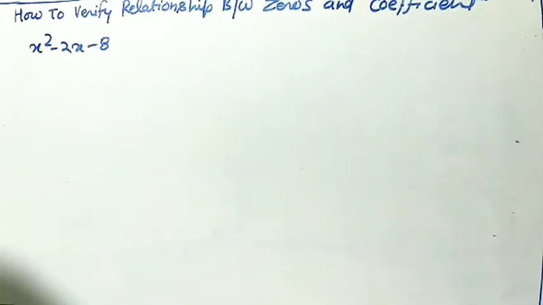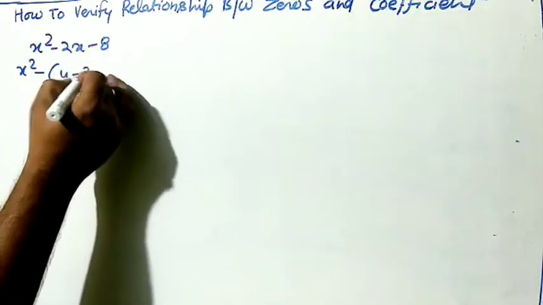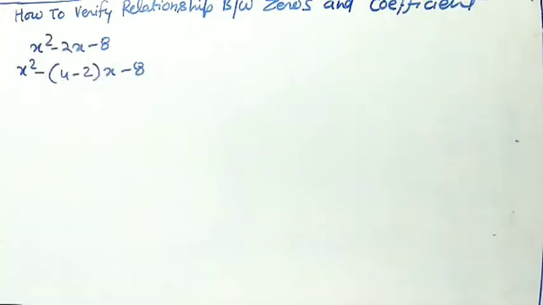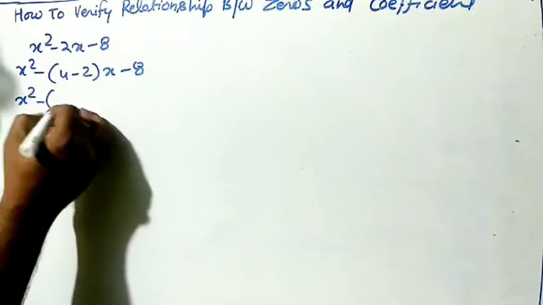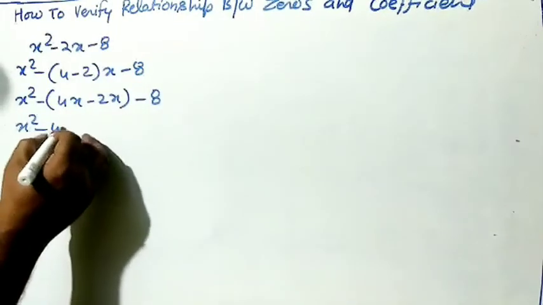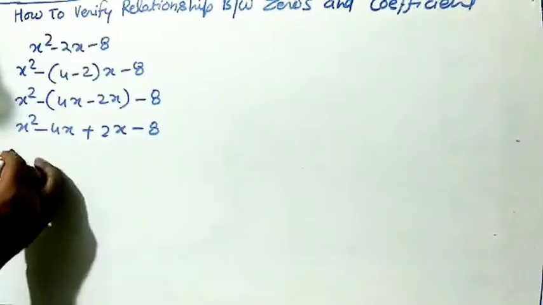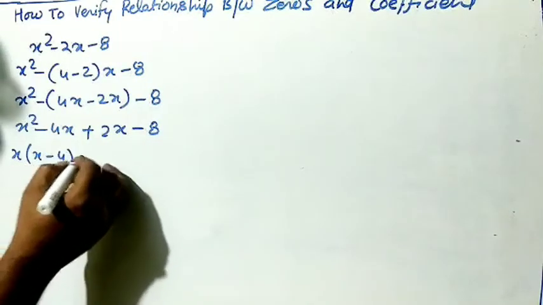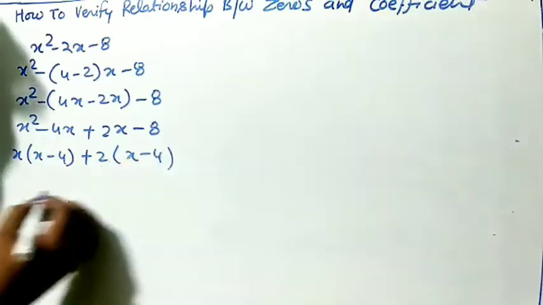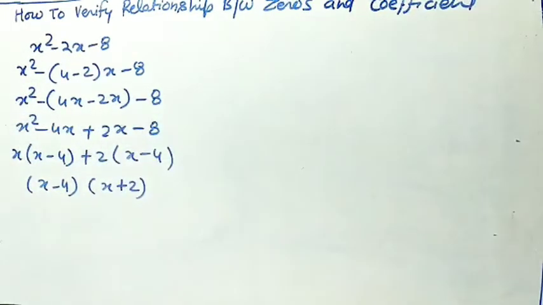First of all, we factorize this equation, split the middle term: x square minus 4x minus 2x minus 8. 4 times 2 is 8 and the difference is 2. x square minus 4x, open the bracket, plus 2x minus 8. x as a common, x minus 4; plus 2 as a common, x minus 4. x minus 4 is common, and x plus 2 is the remaining.